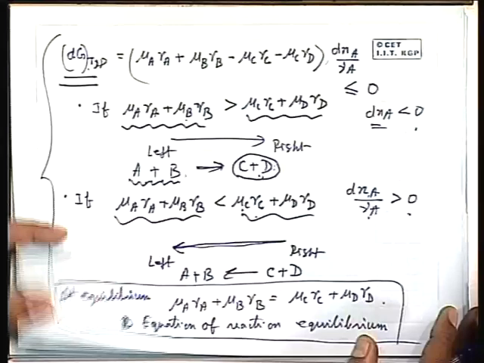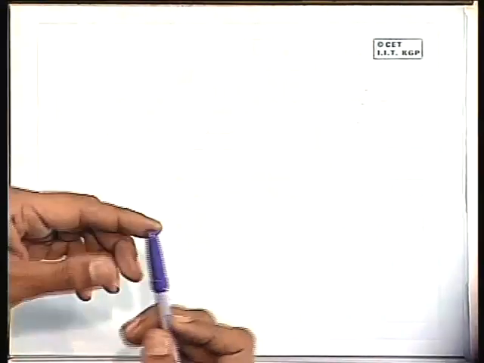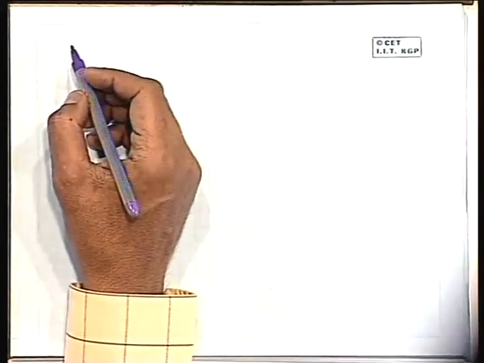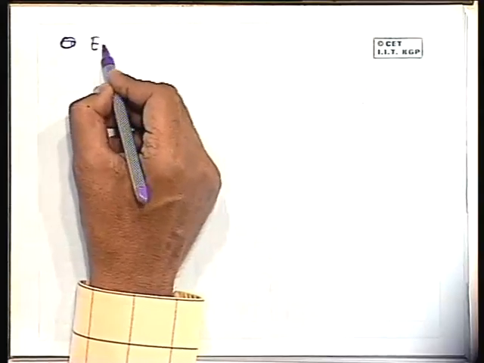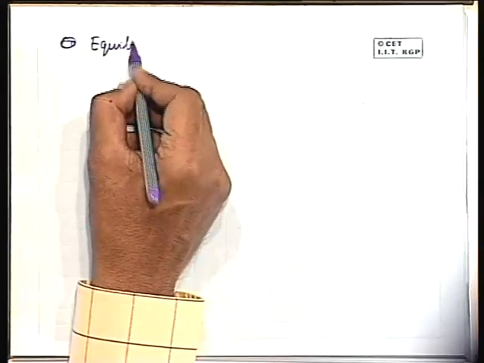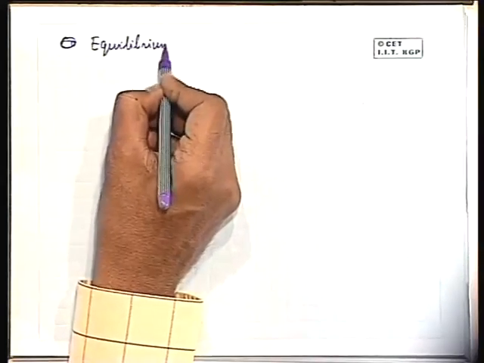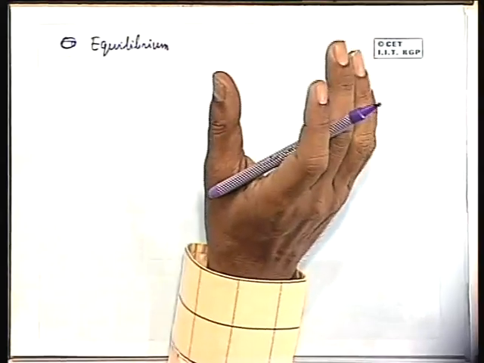All right. Now we will find out an expression for this equation of reaction equilibrium. Our final objective is to find out the equilibrium composition. Now we know that there is an instant when the reversible reactions are in equilibrium, the rates in both directions are the same, and the chemical potentials are the same.